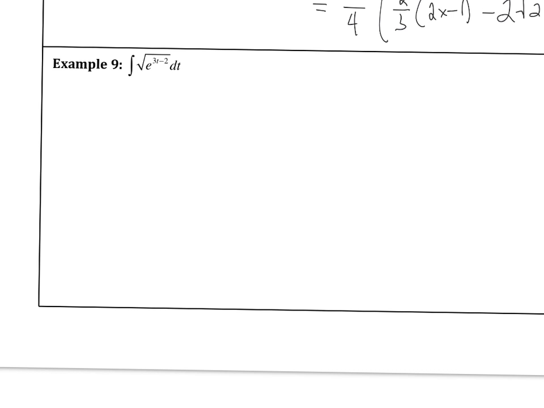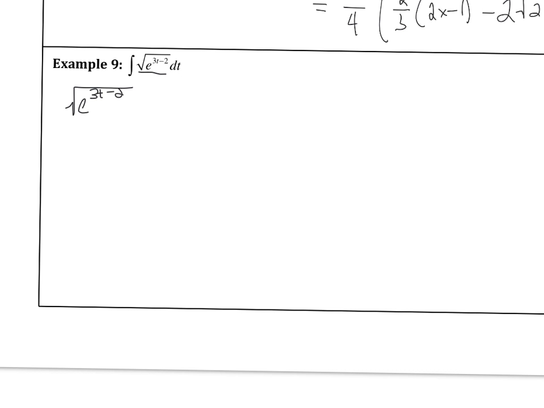All right, so I'm just going to start messing around with the expression in the integral. I've got root e to the 3t minus 2. Well, I am going to use some exponent rules.